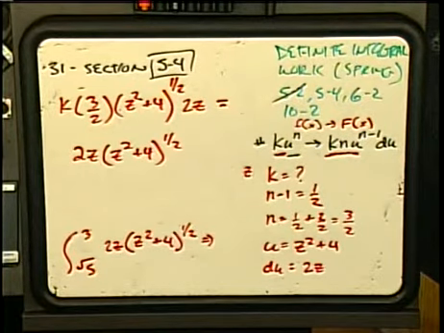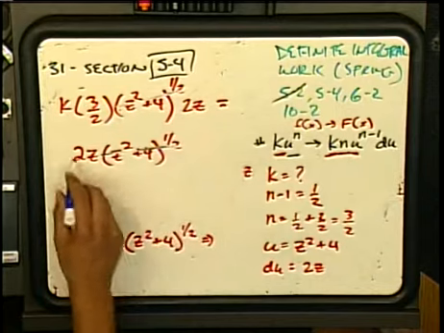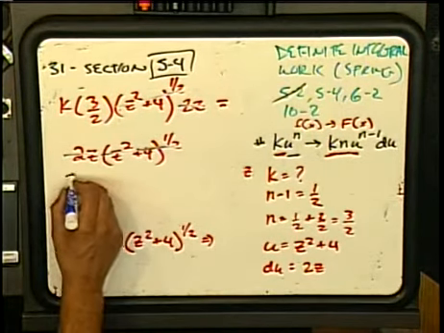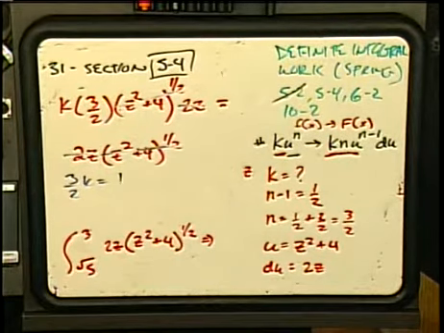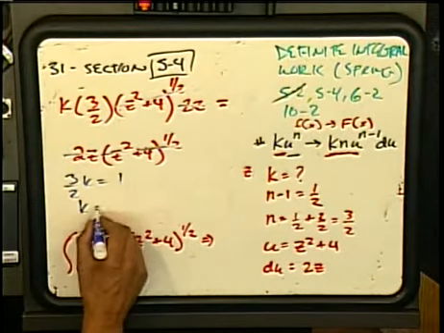Good, that cancels. You're left with 3/2 k = 1. K equals 2/3.